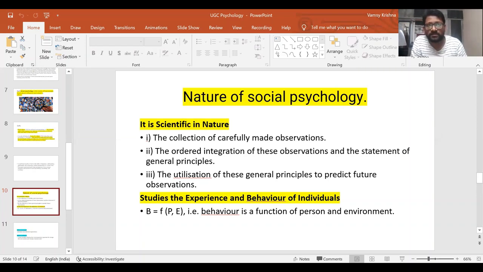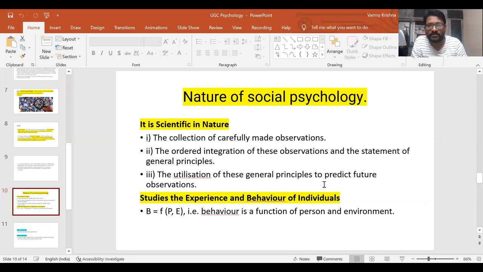So there are certain methods that we employ in social psychology, which studies both the observable behaviors as well as emotions and thoughts, which cannot be observed directly. So social psychology studies both experience and behavior of individuals.